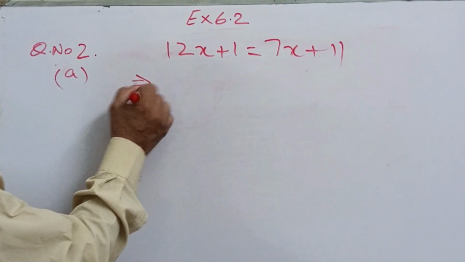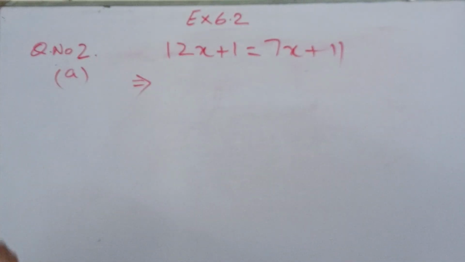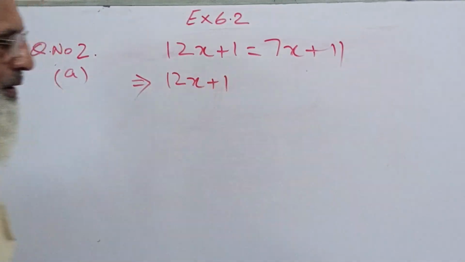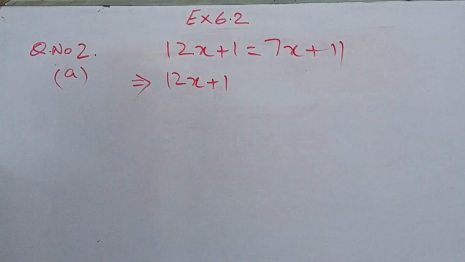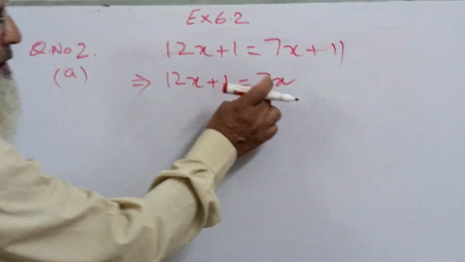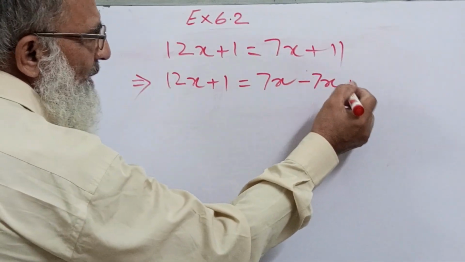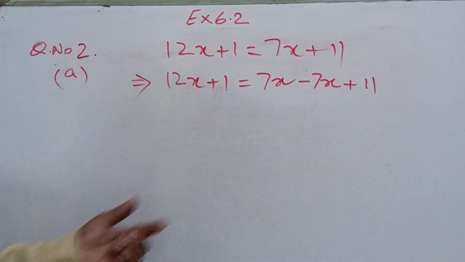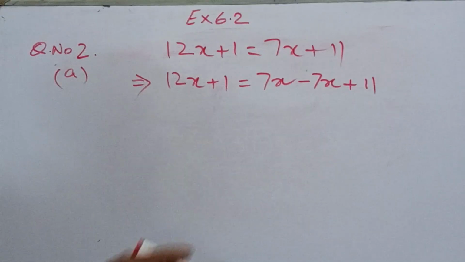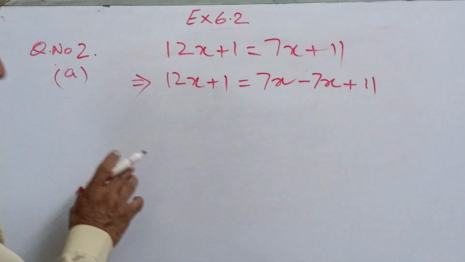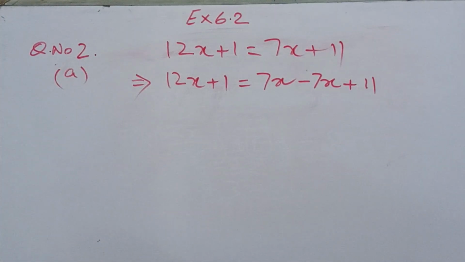So let me do it in detail. First I will be doing it detail wise. So 12x plus 1, let it remain as it is in the first step, because I am going to demonstrate in detail. Now this is 7x, right, minus 7x plus 11 over here. Now this has been removed, but since you have disturbed the equation, if we subtract anything from any side of the equation, we have to do the same procedure to the other side.